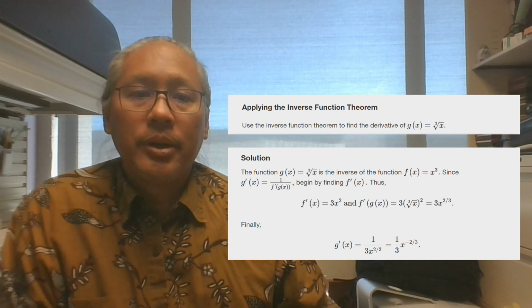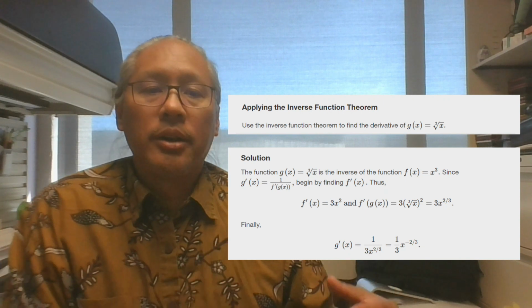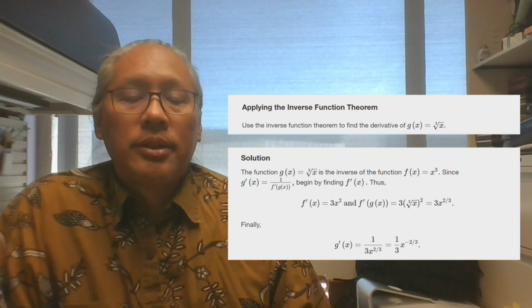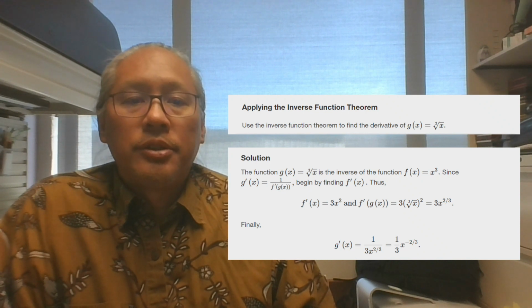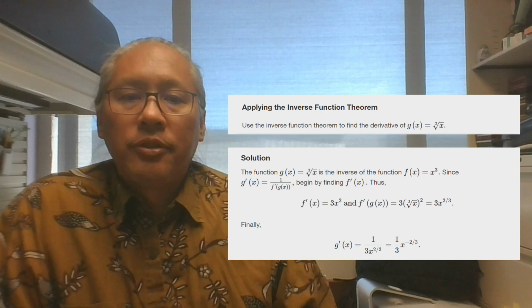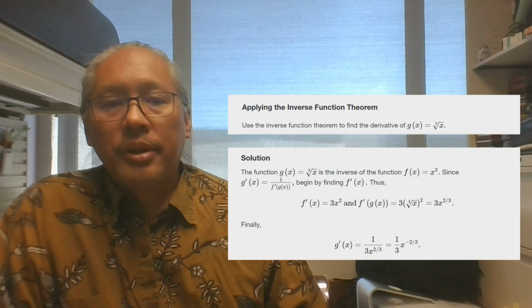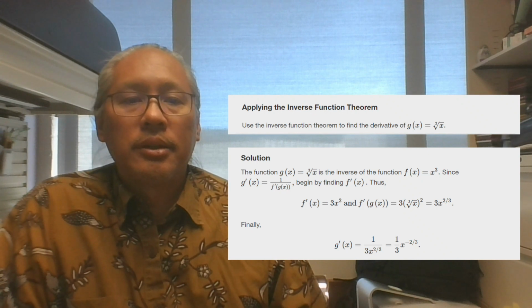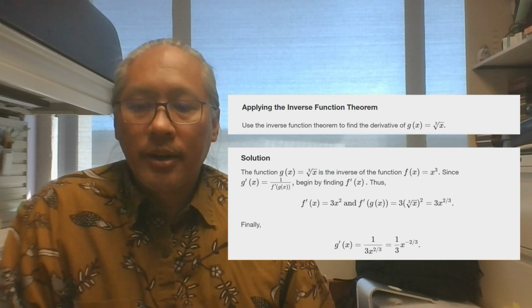So we'll have 3 times the cube root of x quantity squared, which is equivalent to 3 x to the 2/3. Now the cube root of x is x to the 1/3, and we have a 3, and then we have x to the 2/3. So it looks like there's something familiar happening there.